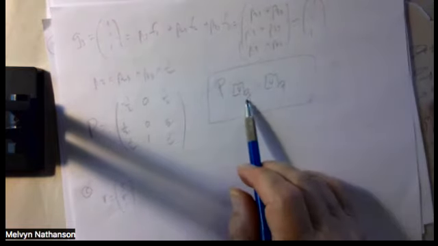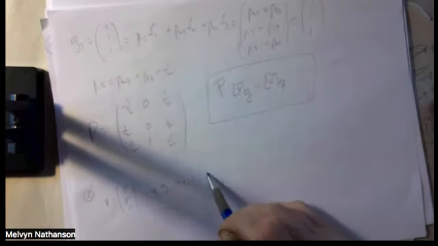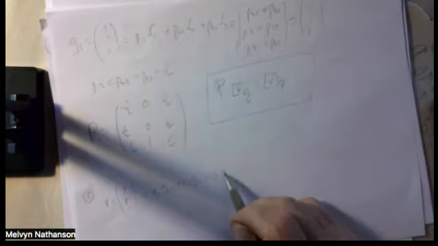So I want to write this as a linear combination of the vectors in G. So y1 G1 plus y2 G2 plus y3 G3.